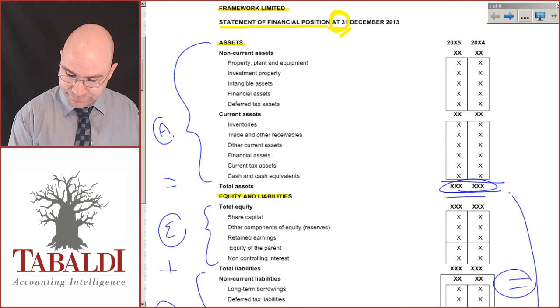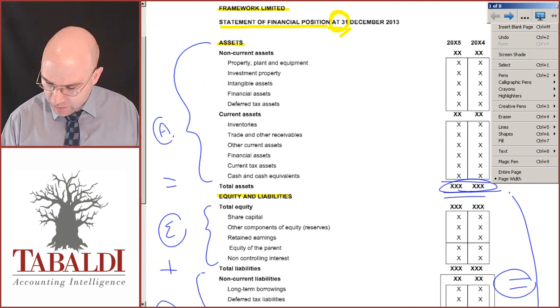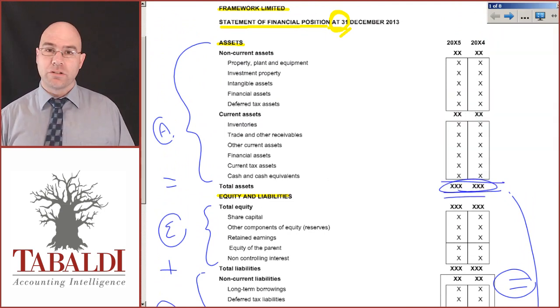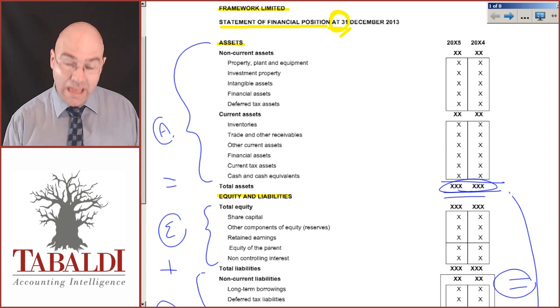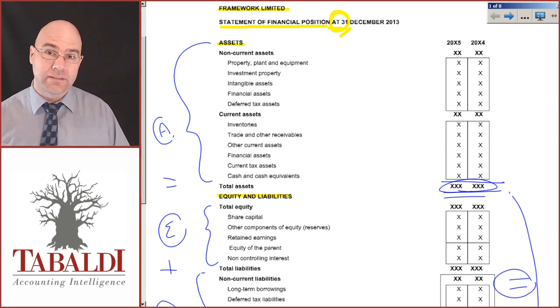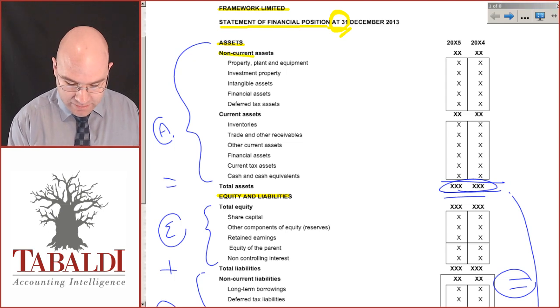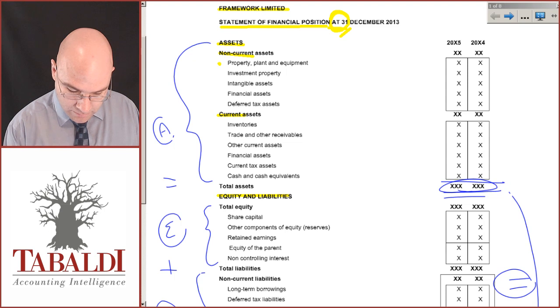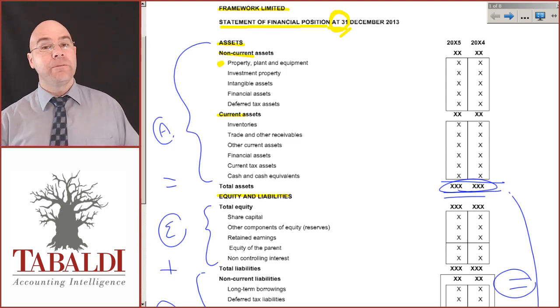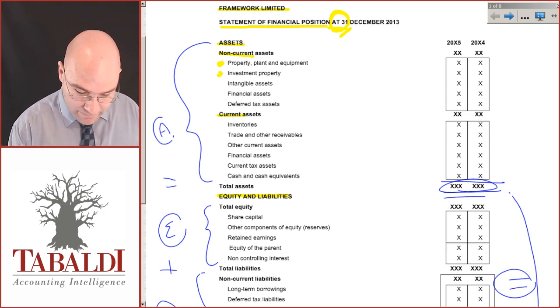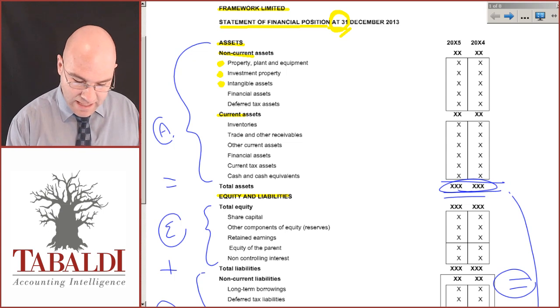Okay, then let's now work through what the recognition requirements and disclosure requirements on the face of the statement of financial position are. Assets you'll split between non-current and current, and then you must have at least property, plant, and equipment. If it's included in the question, you'll have investment property, any intangible assets.